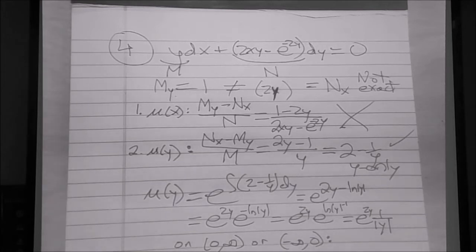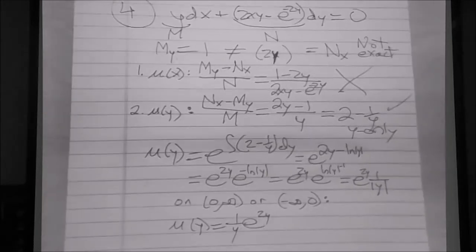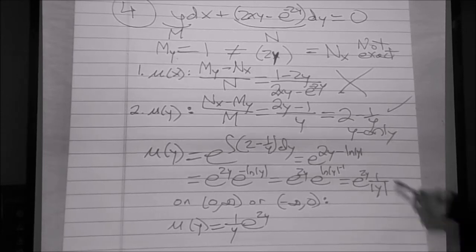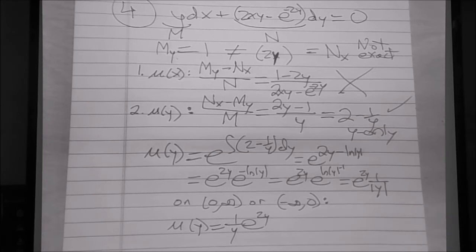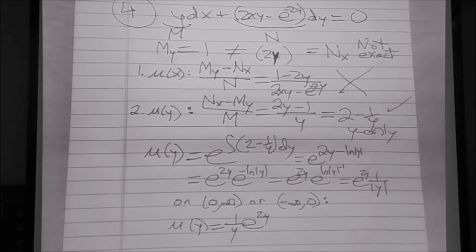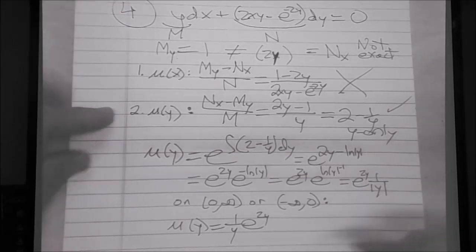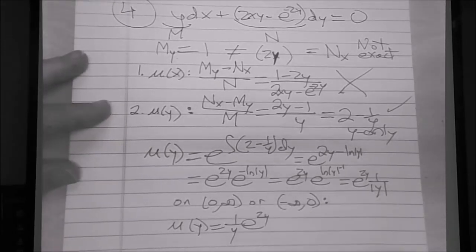And forget the absolute value, because actually, on minus infinity to 0, this says you should use minus e to the 2y over y, but any multiple of an integrating factor is an integrating factor. So we'll just multiply that one by minus 1 if we're on this interval. And we'll just say in either case, we'll choose 1 over y, e to the 2y. Then we can consider the equation actually on the whole real axis that way. But this will be an integrating factor on either interval.